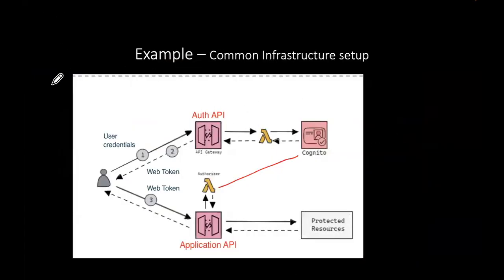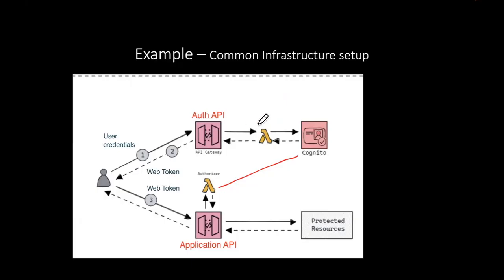I first sent a request to the sign up endpoint of this API that routed the request to my sign up Lambda, and the sign up Lambda talked to Cognito to essentially create the new user. Then I sent a second request to a different endpoint in this API, the confirmation endpoint.